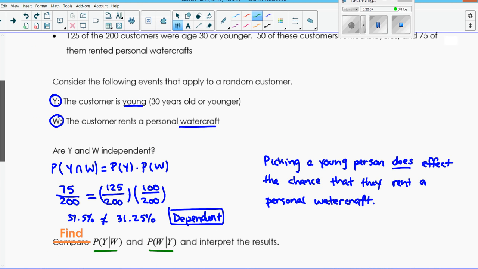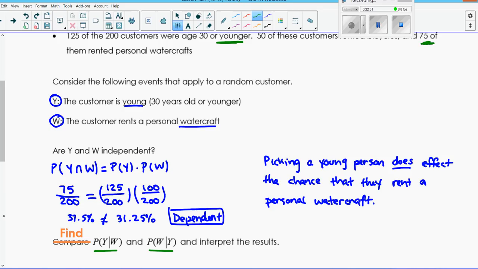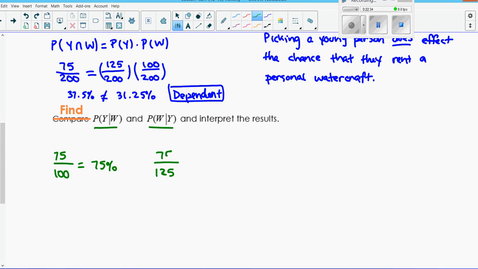If I go back up, 125 of the 200 customers were age 30 or younger, so they're talking about my young customers. And it says 50 of these customers rented bicycles, and 75 of them rented personal watercrafts. So 75 out of 125. If I divide those, I get 60%. So that's the first thing, just finding those probabilities.